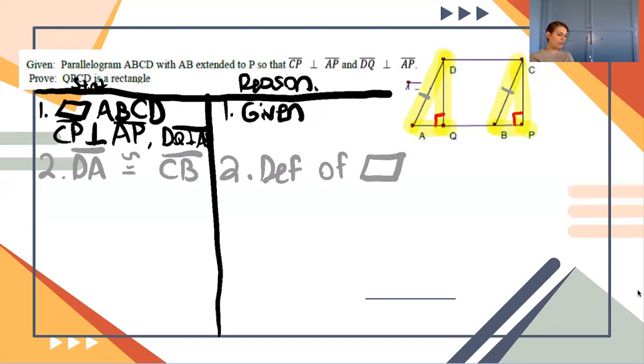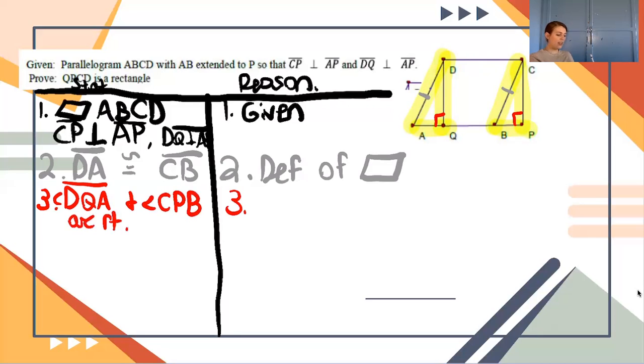Next, I was able to prove that angle DQA and angle CPB were both right angles, because of my definition of perpendicular.